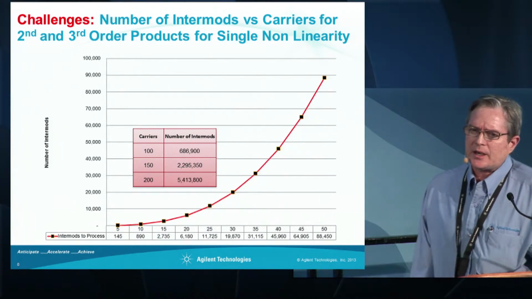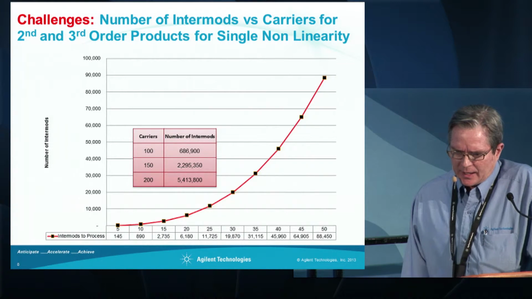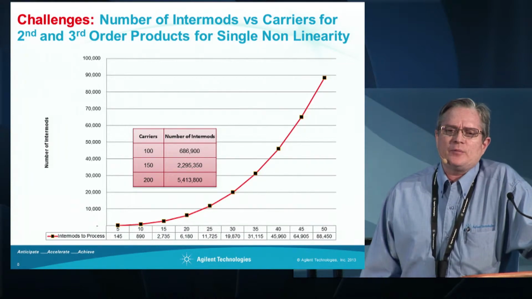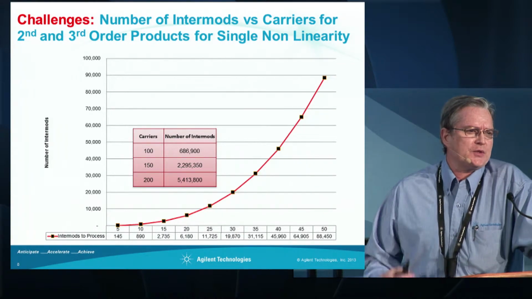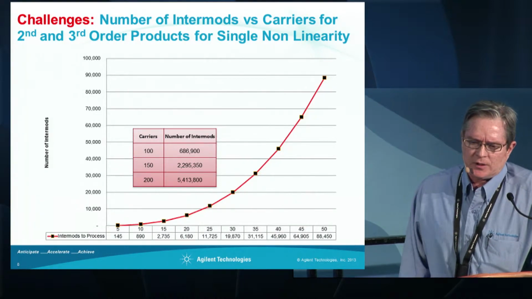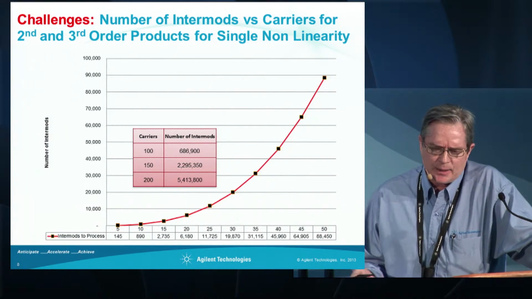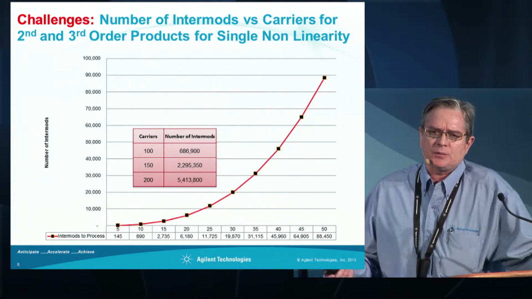In the red square, you see that if we were to put in 200 carriers, it would be 5 million intermods. And this is just for one nonlinearity. This is why it's been very difficult to manage for anybody, like the cable TV industry, really trying to simulate a large number of carriers.